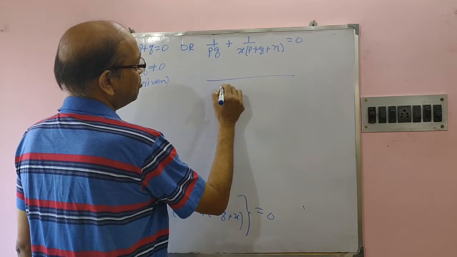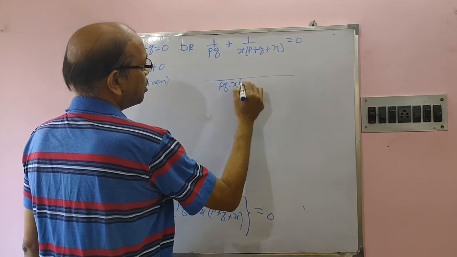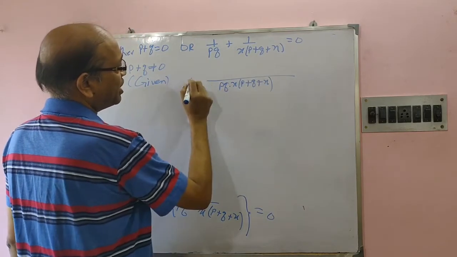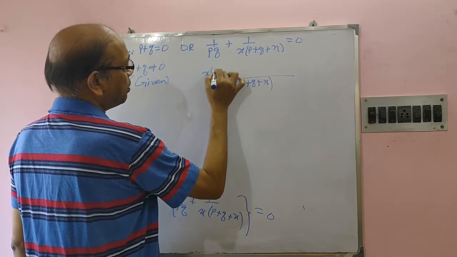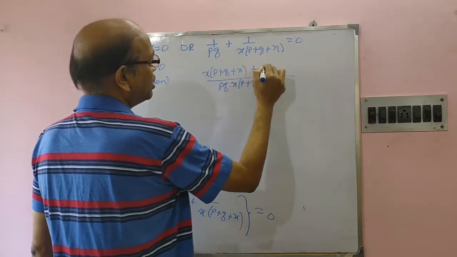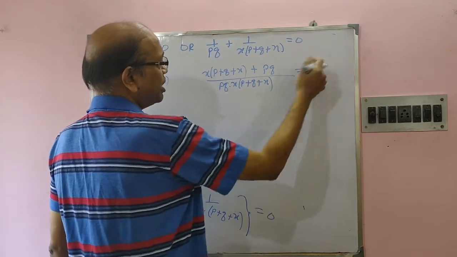What do I get as the LCM? I get pq into x, p plus q plus x. So here what I get is x into p plus q plus x, and here I get pq, and that is equal to 0. So this when goes there, it's all equal to 0.